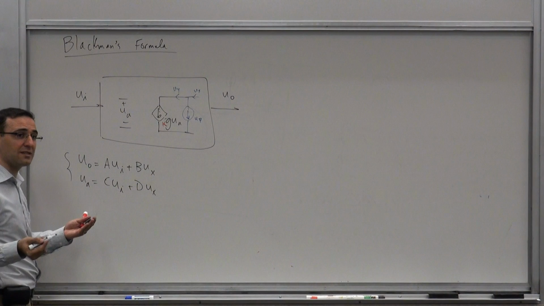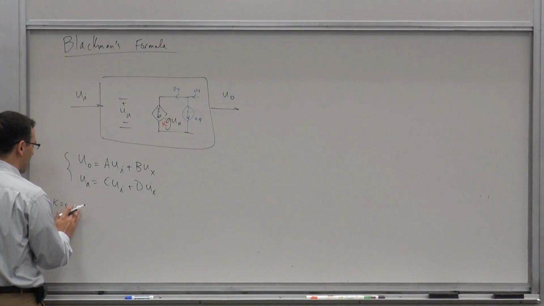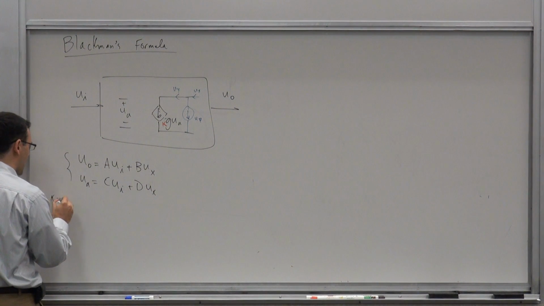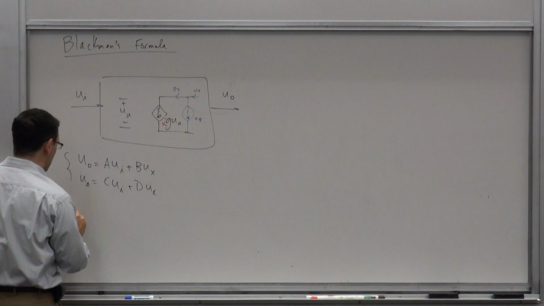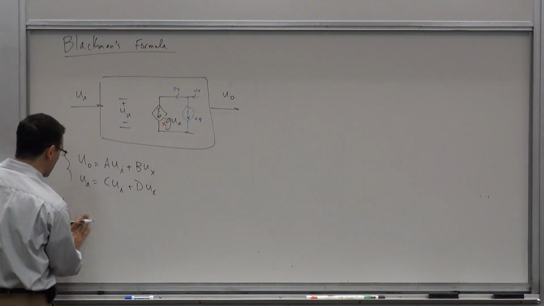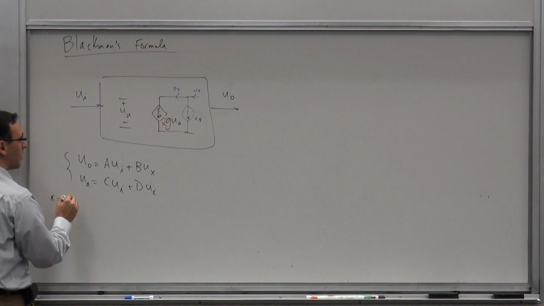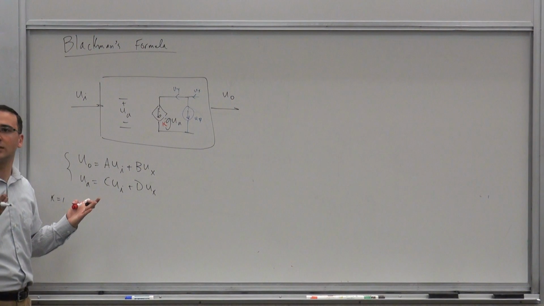To determine the transfer function, we said K equals 1 and UZ is 0. This is the regular behavior of the circuit.